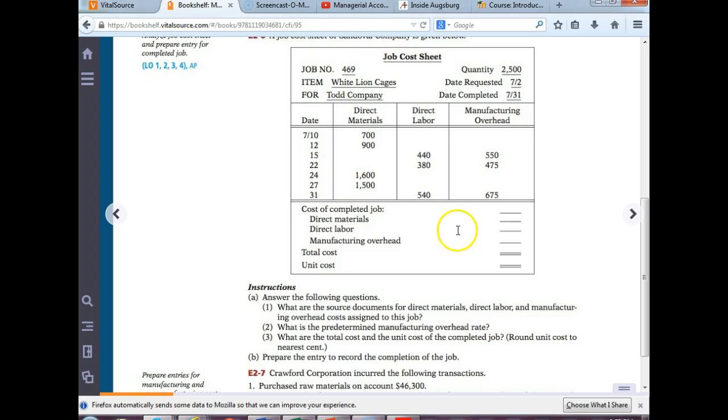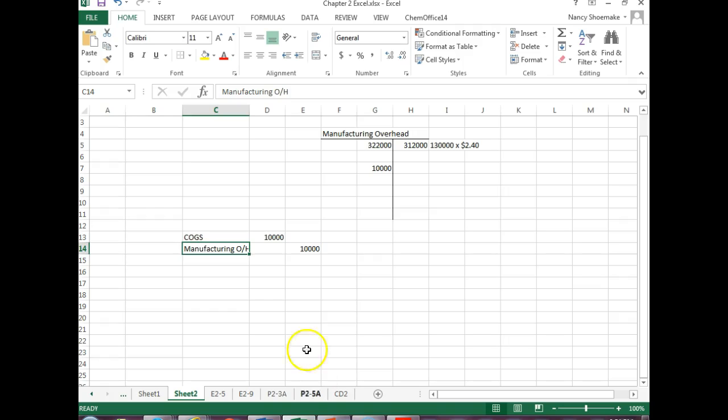So the job is now done. What will we do? We're going to take it out of work in process and we're going to put it into finished goods inventory of 7,760. And we're going to credit work in process with 7,760. Right? Does that make sense, guys?